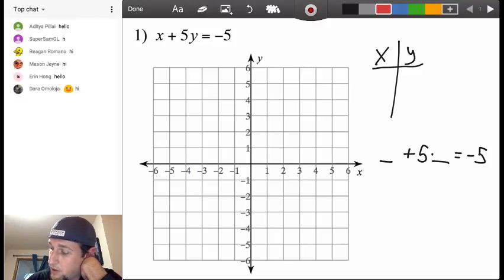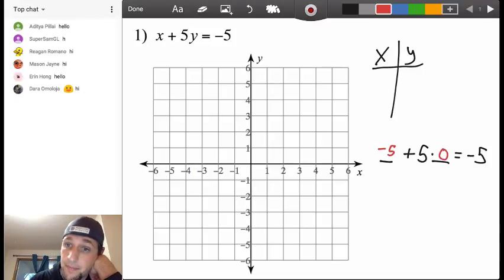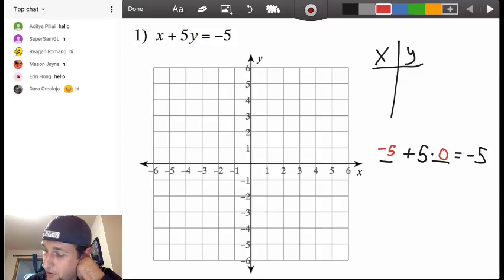The first thing that comes to my mind is -5 and 0. -5 plus 0 would be -5, so I get -5, 0. That one works. I'll erase and go again. Next thing that comes to mind for me is 0 and -1.